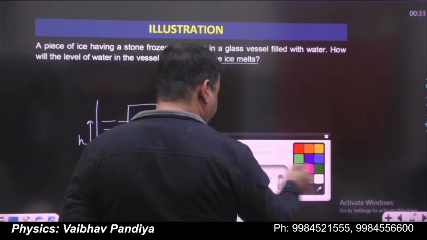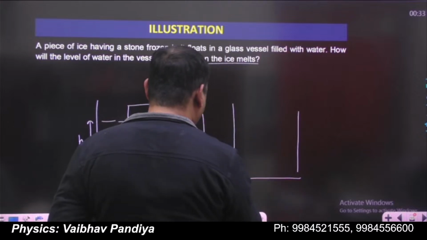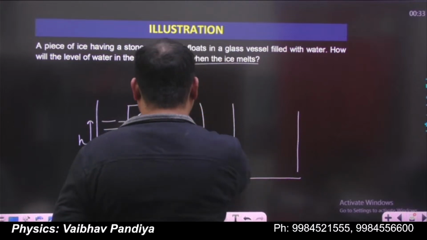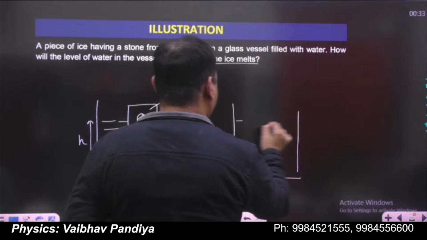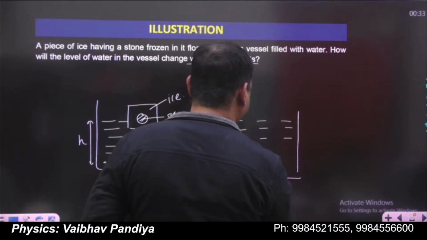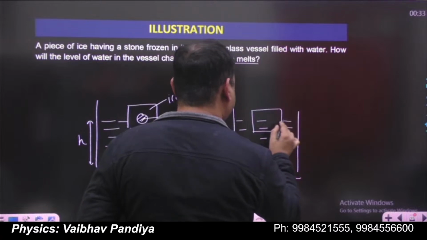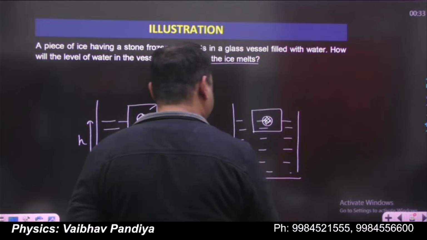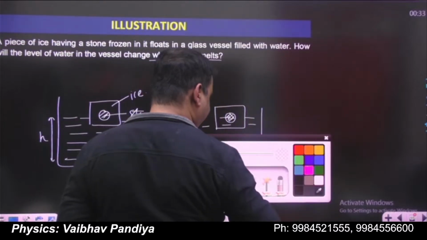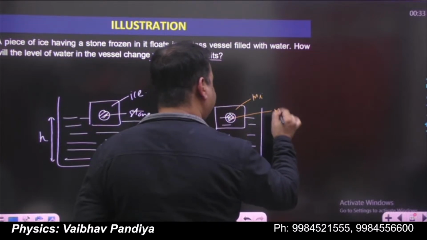So see, one thing we have seen, since this is water, correct, and this is ice, whenever the ice melts, it will not affect the level of the liquid. And if you want to do a complete analysis from scratch, say the mass of the ice be Mi and the mass of the stone be Ms, correct?